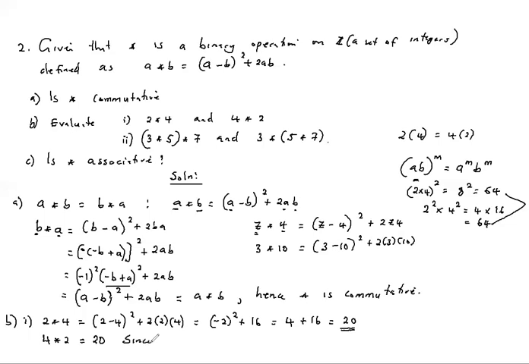Just that on this one, the 2 came first, and on this other one, 4. So since star is commutative, it doesn't care about the order. That's the main reason why it is 20. Even if we solve, we'll get 20 because we have shown that star is commutative.